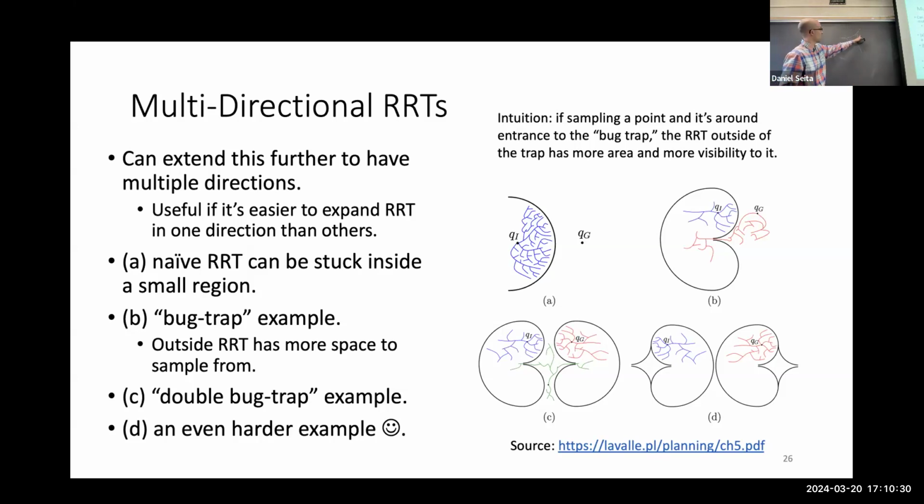So all of these points have a line of sight connection. So they can grow in that direction. But if you have points here, you have to be like here to have a line of sight connection. So that's the intuition for why it's easier to grow the tree and go through the obstacle from the outside than the inside.